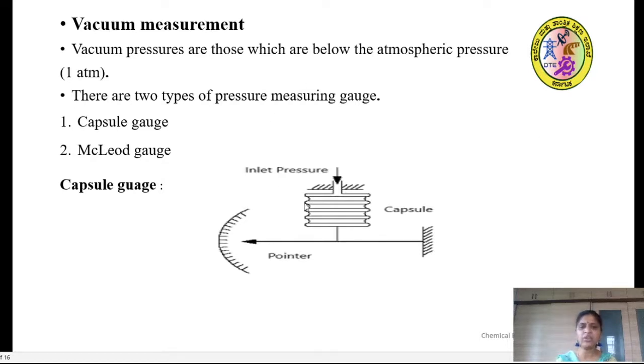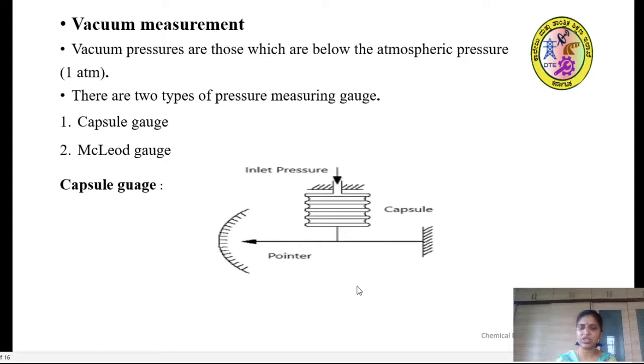So you can look into the figure. The capsule is connected with a pointer, and the pointer will move on the calibrated scale. The pressure which you want to measure is admitted at the open end of the capsule. This is how it is constructed.